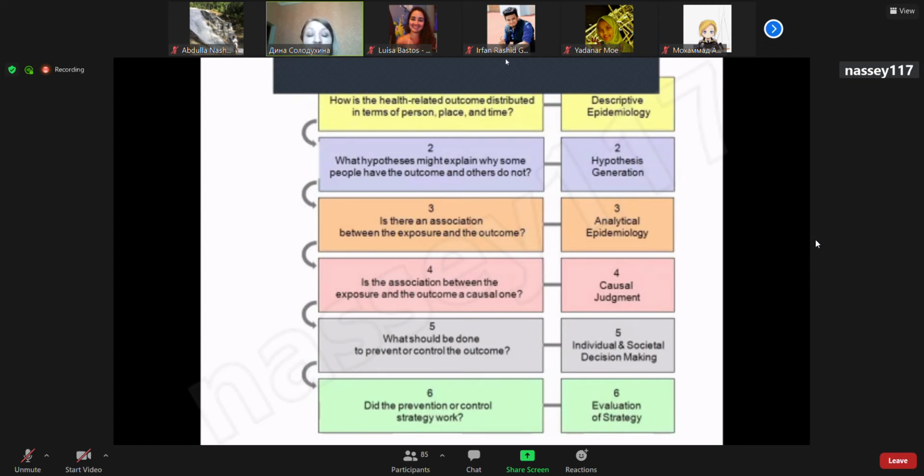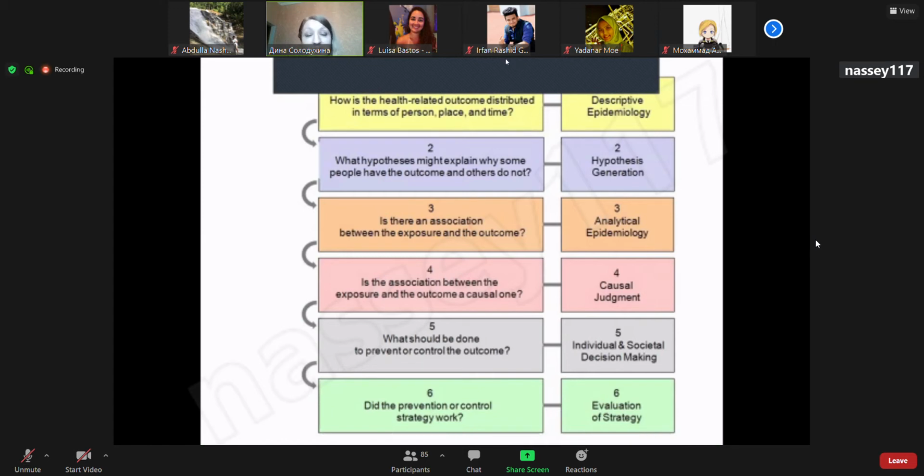Then we try to say, well, if we know how the disease or outcome is distributed, can we have any hypothesis explaining these facts? And if we manage to generate a hypothesis, we will try to test it or check it. So then we will need the tools of analytical epidemiology.